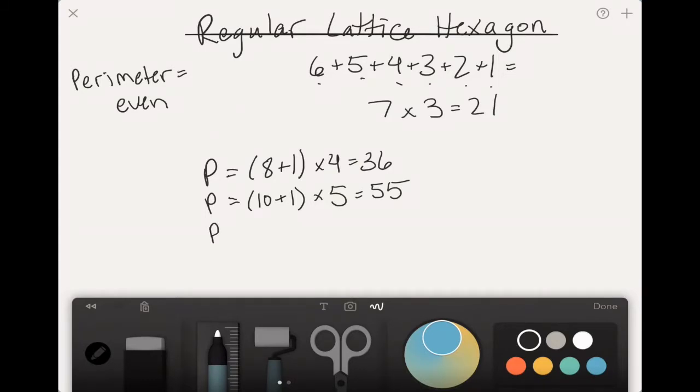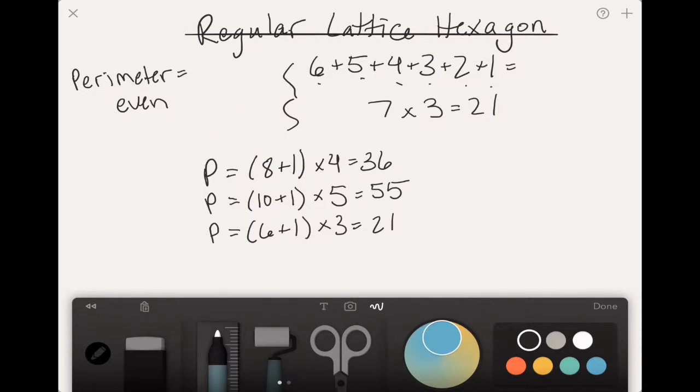And the perimeter of a hexagon, we did it up here, and we did 6 plus 1 times 3, and that was 21. Okay, so what's the formula here? Is there a pattern so that we could make a formula?